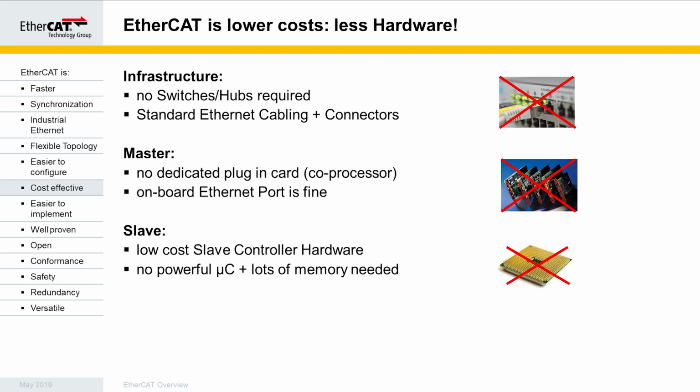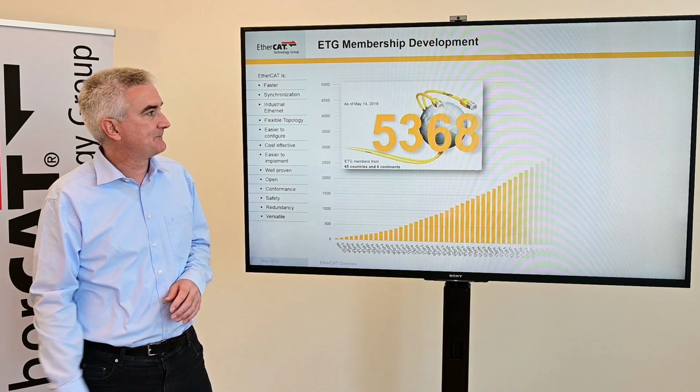Why are they inexpensive? Well, healthy competition. There are more than 12 makers of EtherCAT chips today. And among them, big names such as Texas Instruments, Renesas, Infineon, Microchip, etc. So there's healthy competition among them, which drives the prices down and gives our members inexpensive slave controller chips on the market.